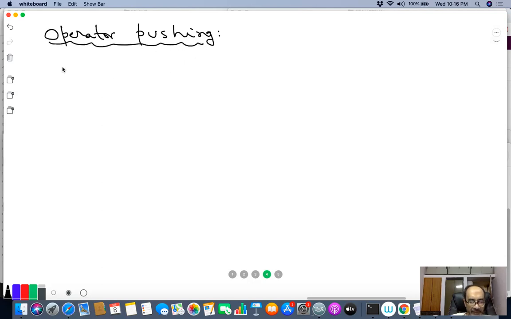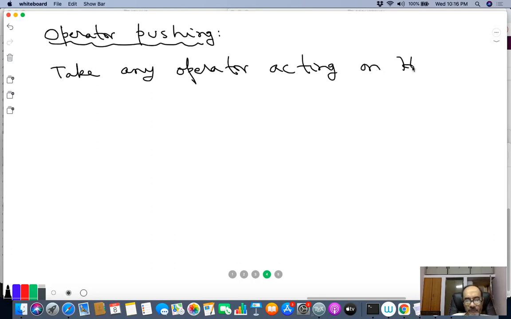The idea is that if you have any operator acting on H1, let's call it O. Then M times O can be written as O prime times M, where O prime is M O M dagger.